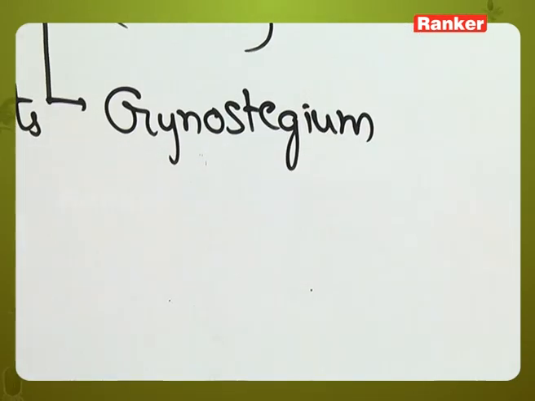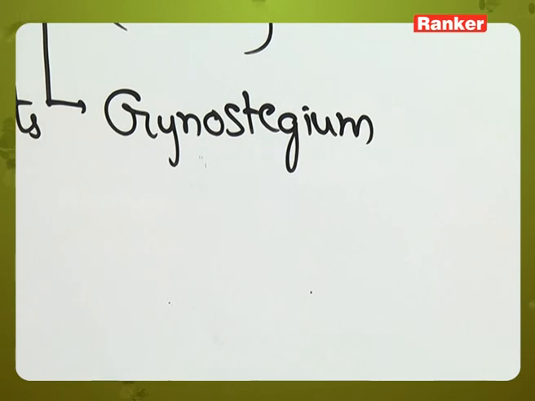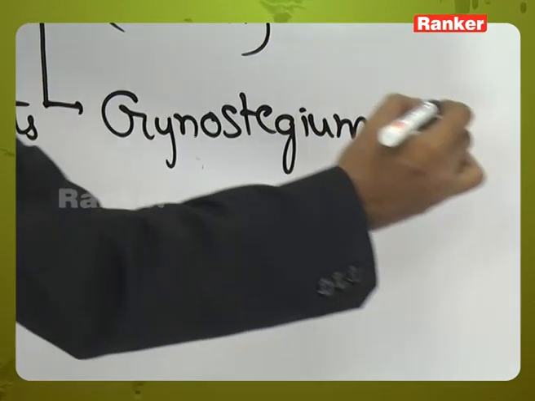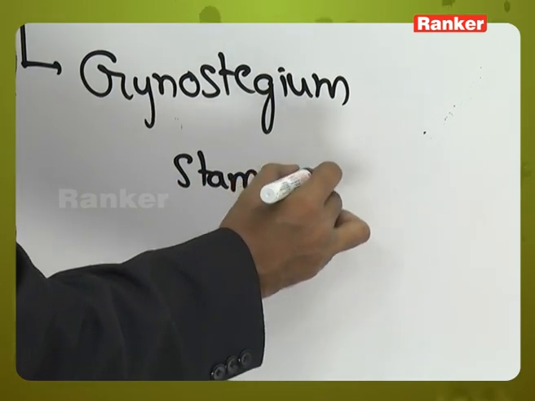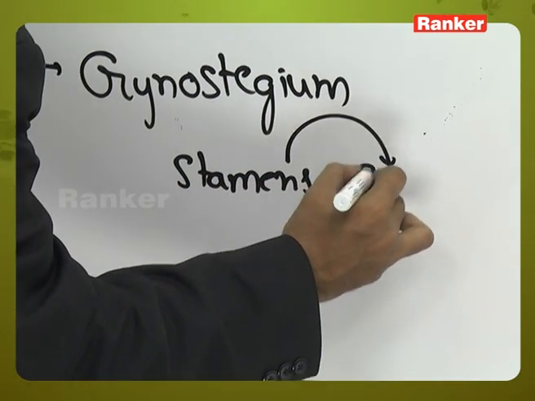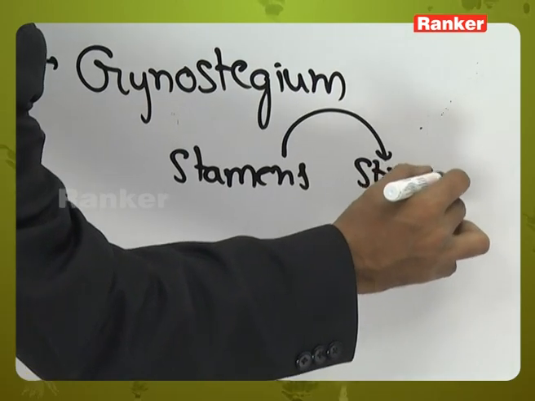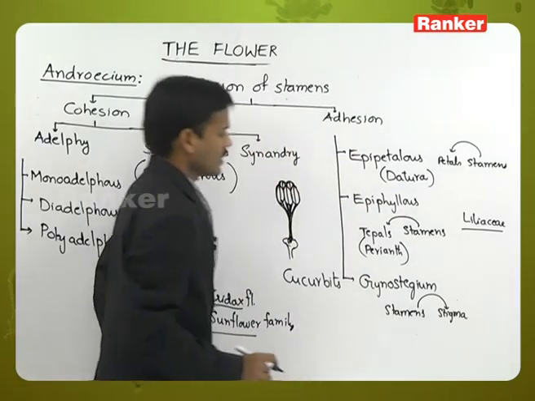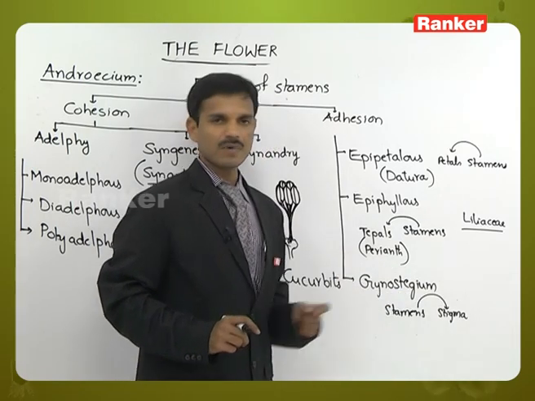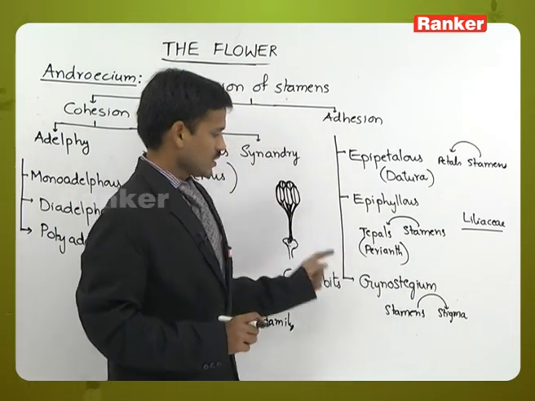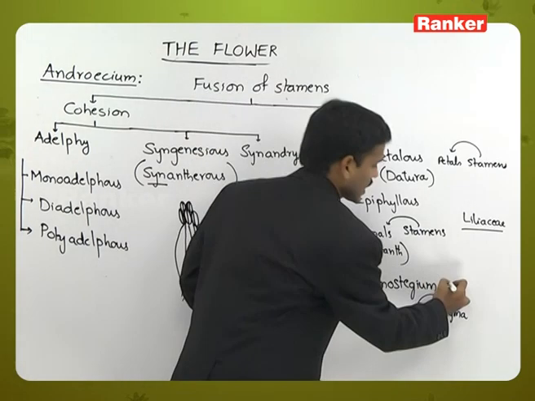Gynostegium means stamens are fused with the stigma of the gynoecium. This type of condition is observed in Calotropis.